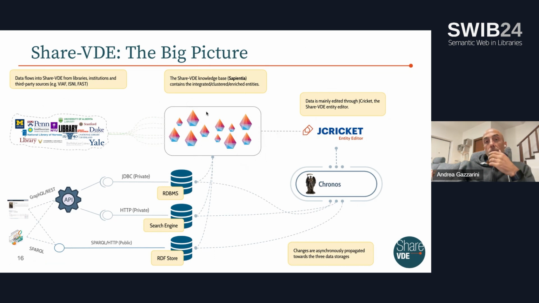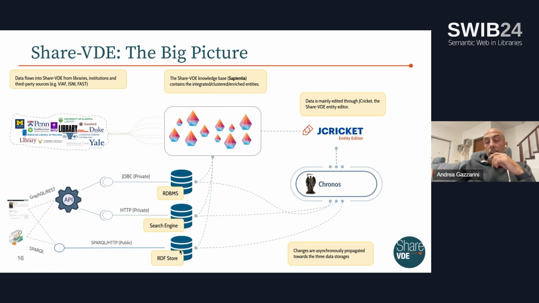But basically, the Share-VDE knowledge base internally uses three kinds of storage: an RDBMS, a relational database, a search engine, an inverted index-based search engine, and an RDF store. The first two are used by the API layer to provide GraphQL and REST access to our data.